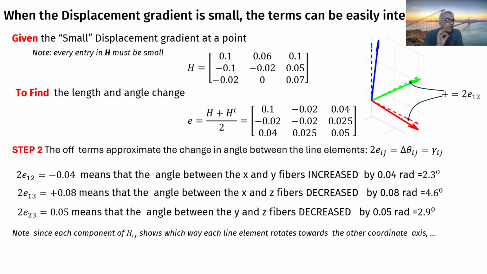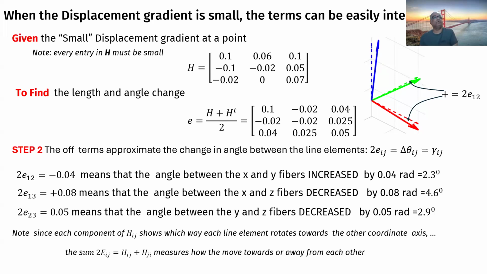Note, since each component of Hij shows which way each line element rotates towards the other coordinate axis, the sum of them measures how they move towards or away from each other. That's what we are using. You see what I mean? Hij plus Hji. So that's the idea.